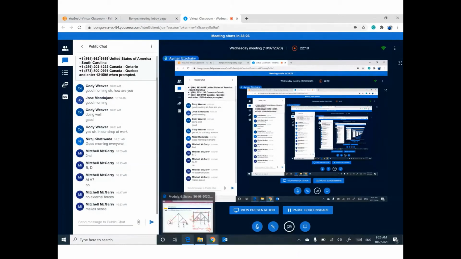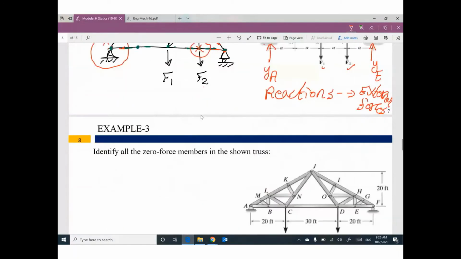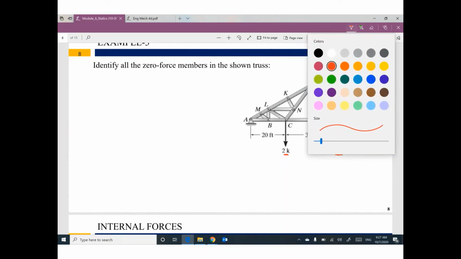One more example. We have a truss with external forces 2 kip and 2 kip. I suggest you put in your reactions and try to avoid forgetting them.